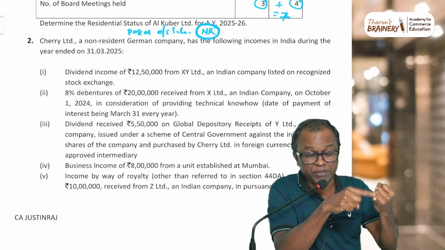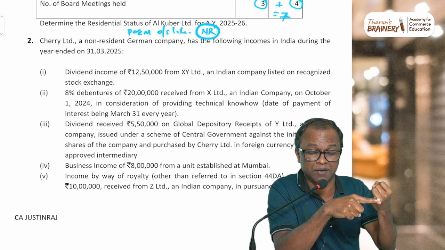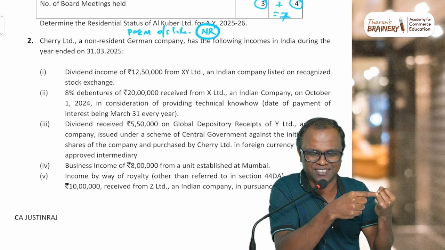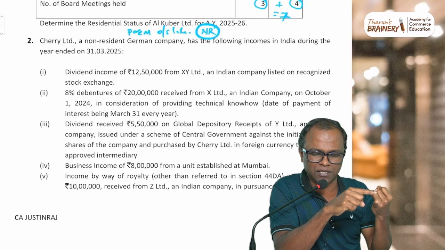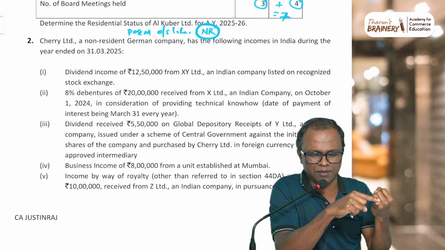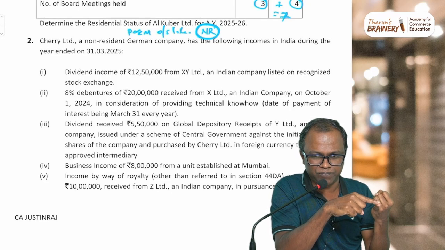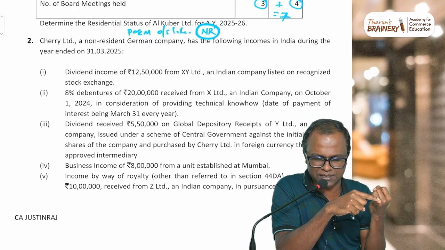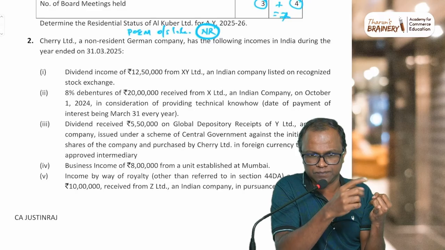But if their Indian sourced total income exceeds 15 lakhs, then we can go to a special test. That special test says previous year 120 days stay and preceding 4 years 365 days. If 120 plus 365 is satisfied, such persons will be treated as resident but not ordinarily.